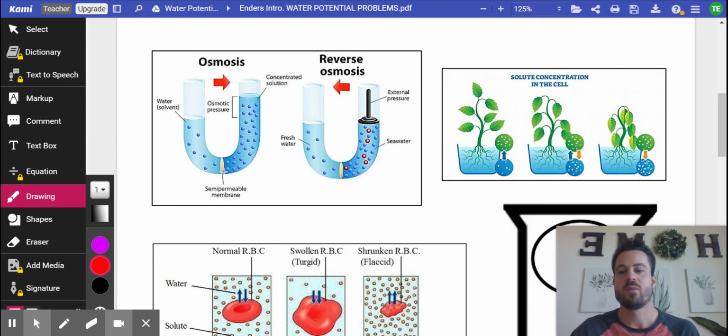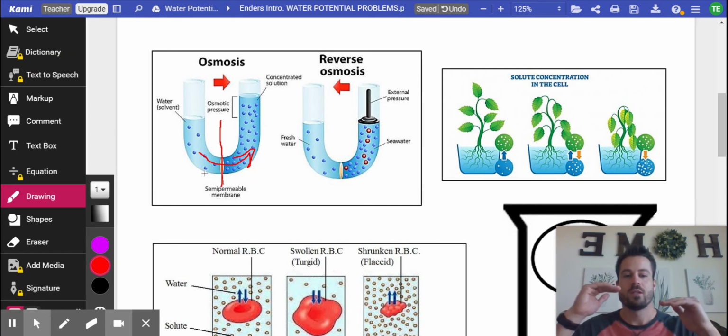And because this is separated by this semi-permeable membrane, right here, see the semi-permeable membrane? Water is the only thing that can actually go through that membrane. And what water wants to do is be at equilibrium.